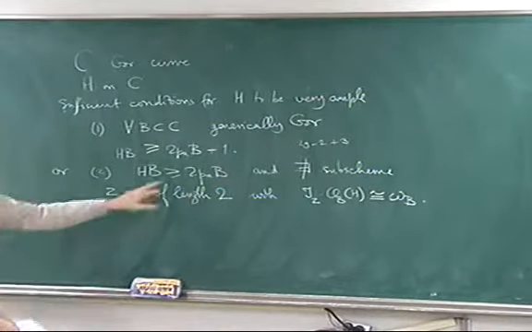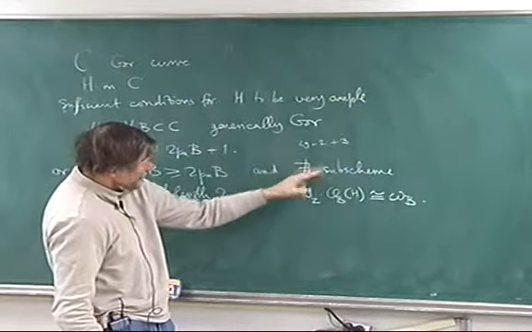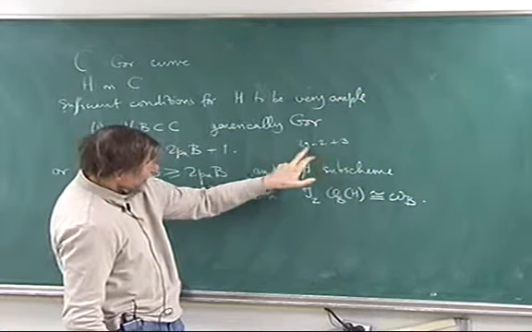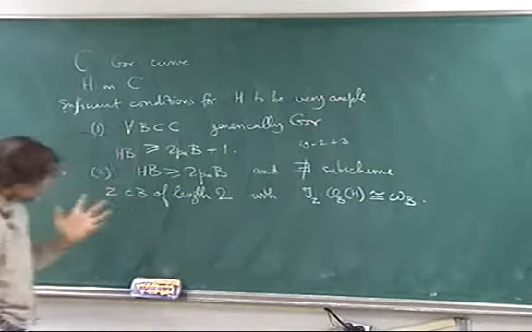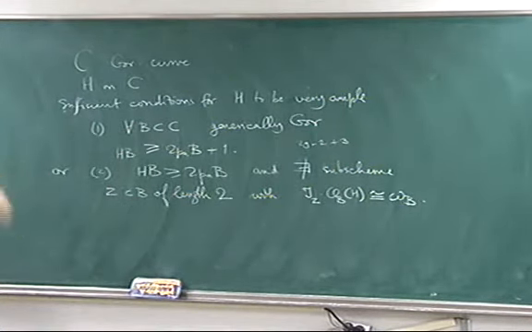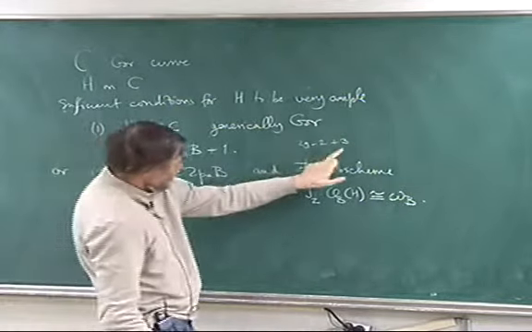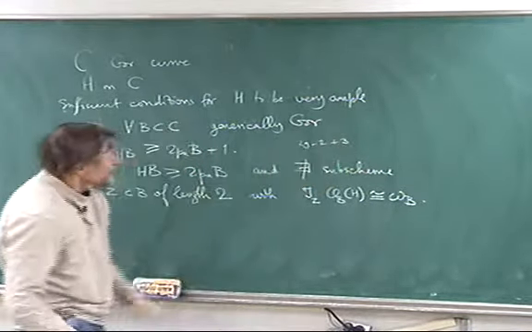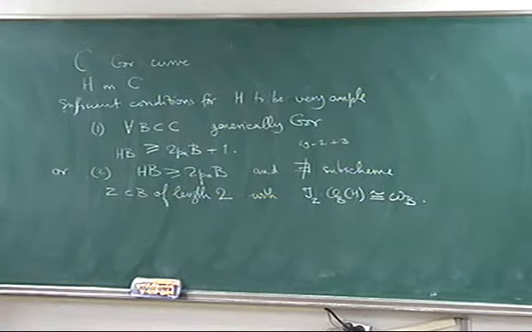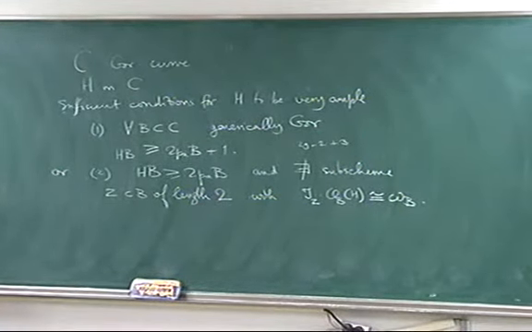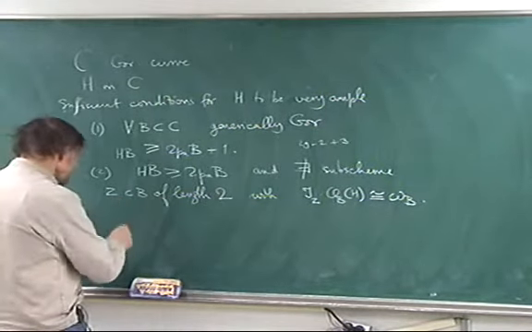Right? And that's exactly what you need in order that, given any two points of the curve, if I subtract off the two points, I still get a regular divisor. So this is, so to speak, the trivial thing for a non-singular curve. Right? And so, what's the idea here?